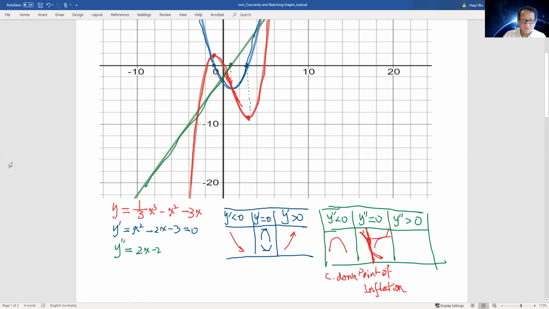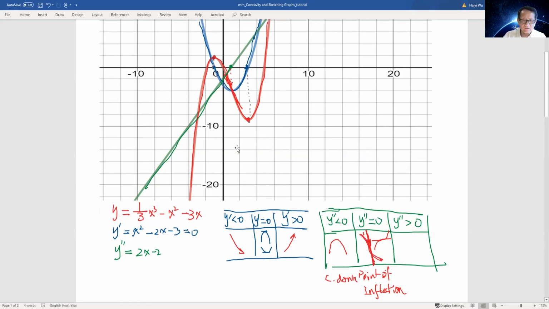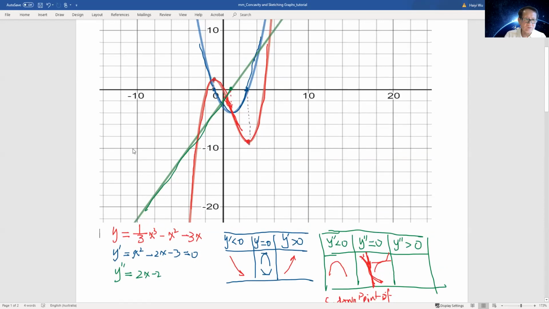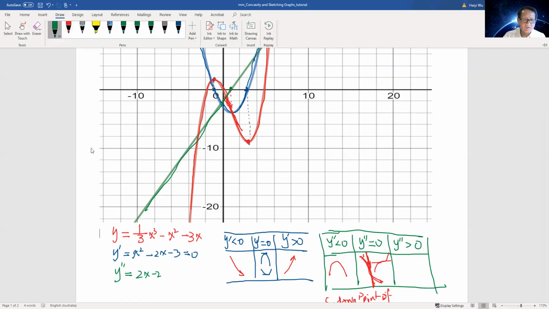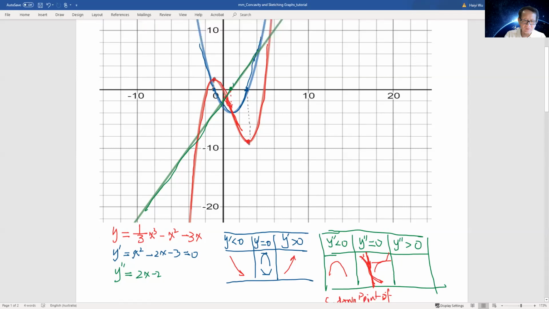Now let's have a look at the positive side of the second derivative. So I'm going to check on the positive side of the green line, which is above the x-axis on this side. So you can see the red line is concaved, but it's a concave up.